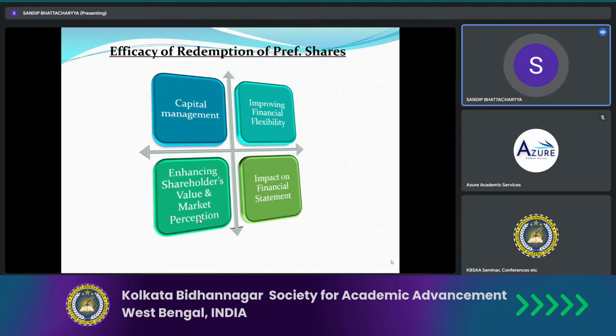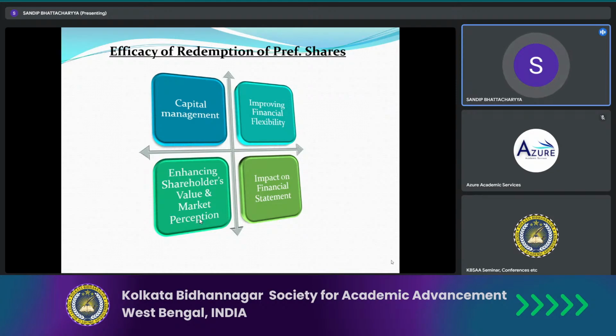This can also help to optimize the balance between equity and debt, and the impact on various financial ratios and the financial health of the company. That means the performance as well as the efficiency level of the company. So capital management has various implications in the case of redemption of preference shares.